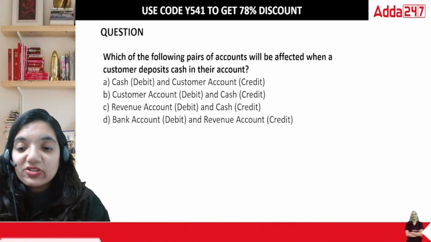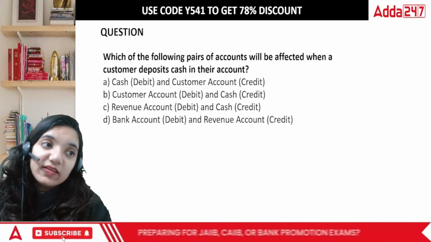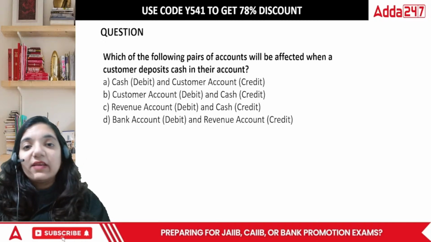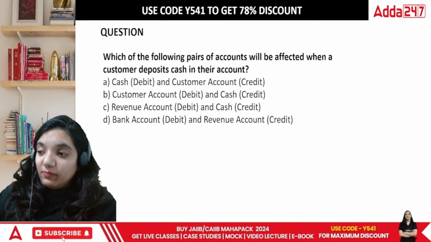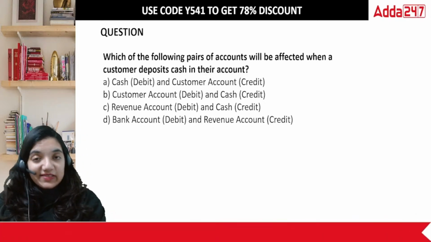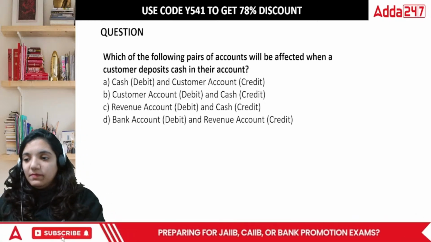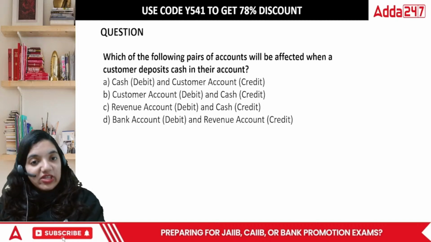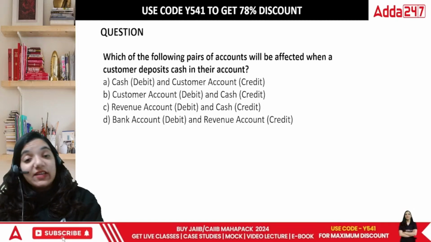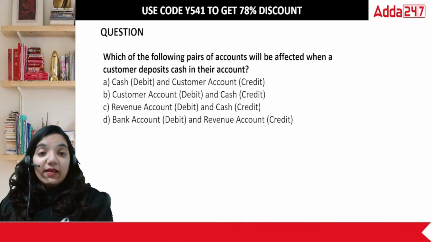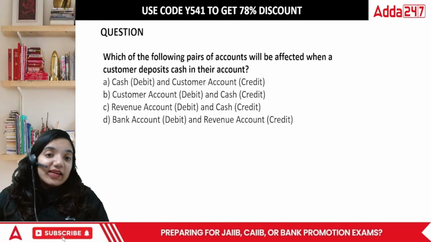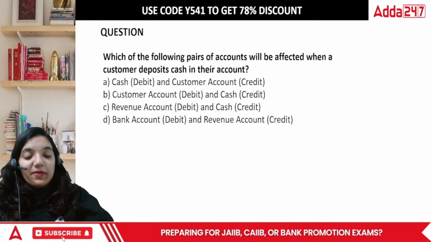See, in this case, you will have to understand that you are getting money into their bank account, right? If I am putting money into Mr. X's bank account, then what is the bank doing? The bank is receiving funds from Mr. X. So you have to remember that the bank has got money from Mr. X. What will happen in this case, everyone?